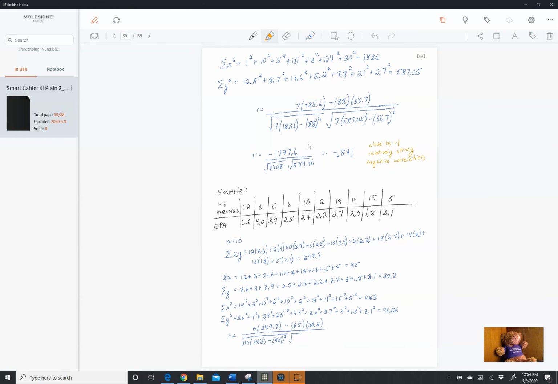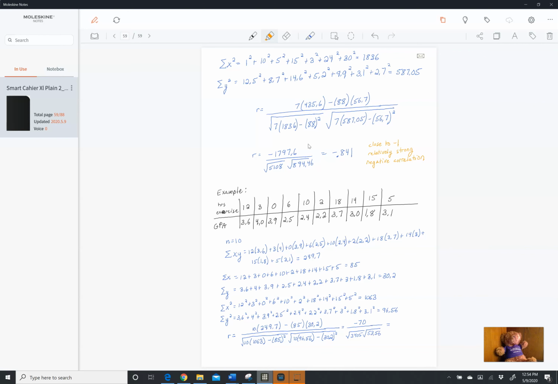And then we do the same thing for the y's. So it's 10, except now it's times 96.56 minus the sum of our y's squared. Okay, if we break that up, we get negative 70 on top over the square root of 3,405 times the square root of 53.56.